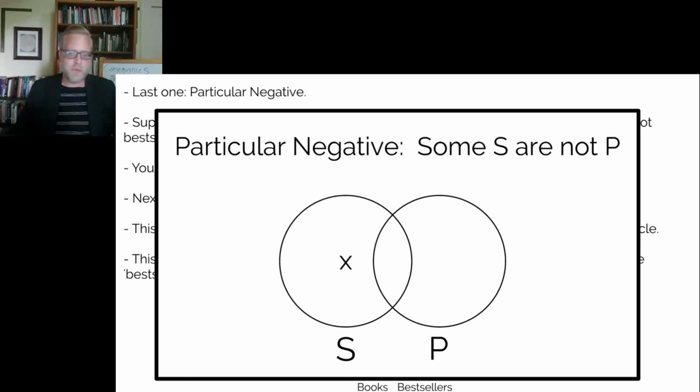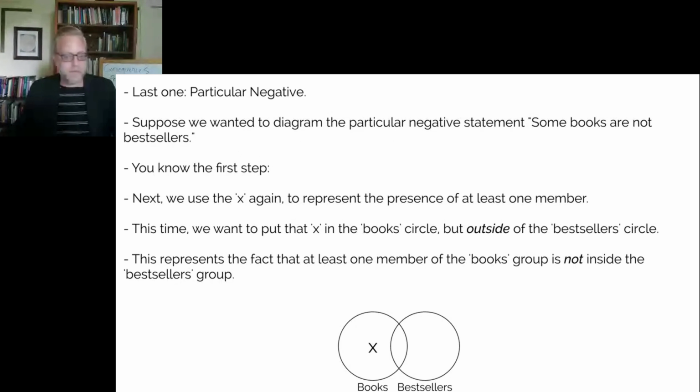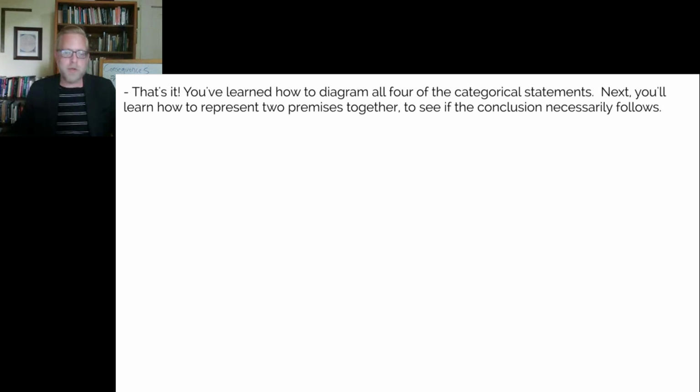And that's just what particular negatives are always going to look like. If we want to say that of one category, there's at least one that's not a member of the other category, you put an X inside the subject term and outside of the predicate term. So that's it. That's all four of them. Every single argument is going to have premises that will match one of those four.